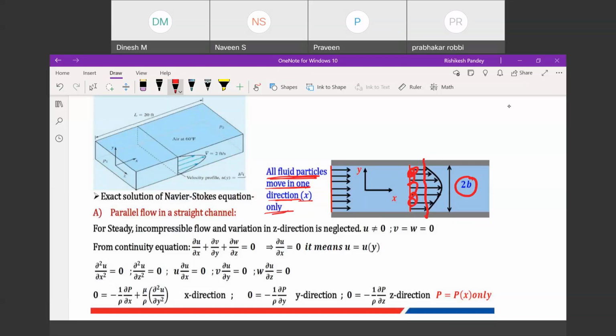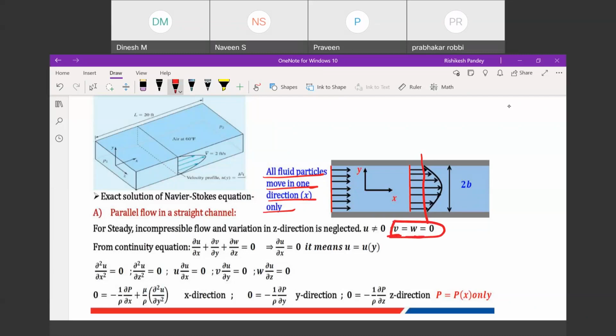We are trying to derive the equation for Couette flow, and then we'll derive the equation for Hagen-Poiseuille flow. So that's why this is important. If all fluid particles move in x direction only, not in y or z direction, then velocity in y direction and velocity in z direction is 0. This is also one assumption.